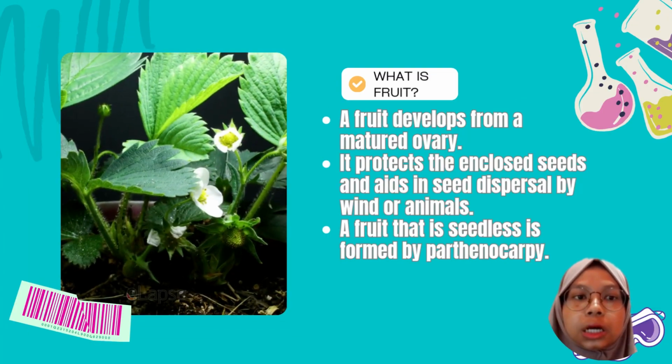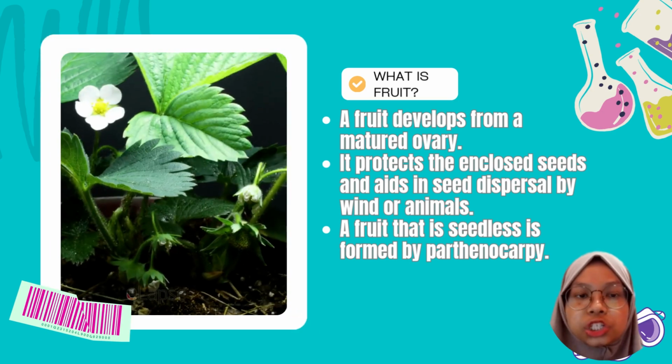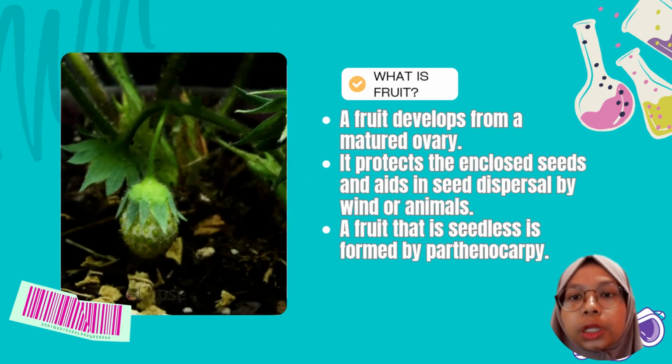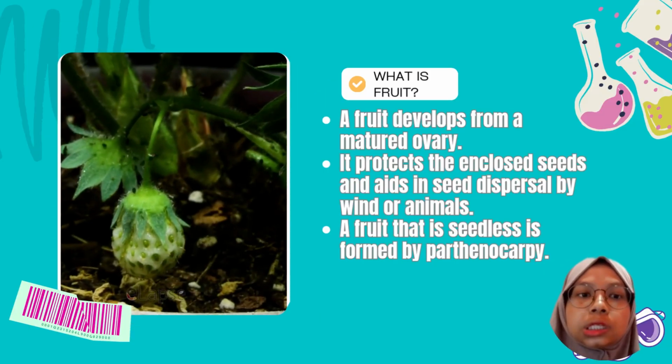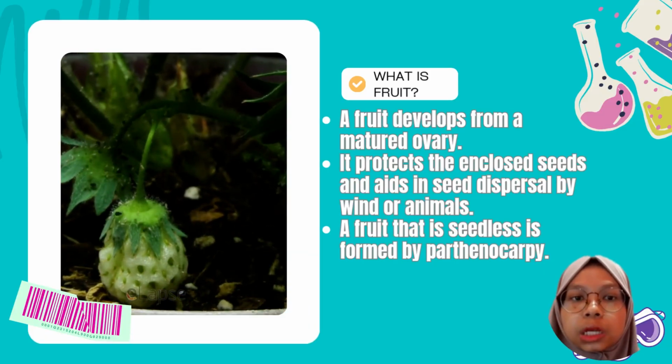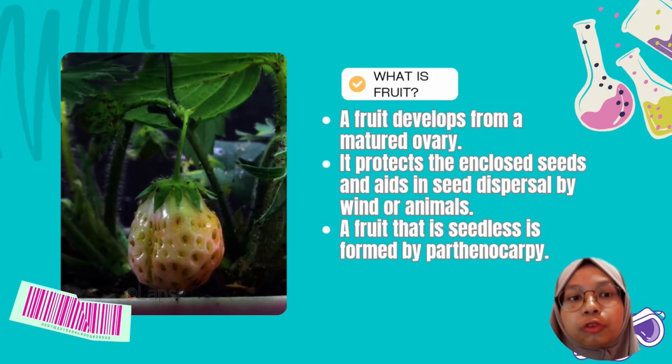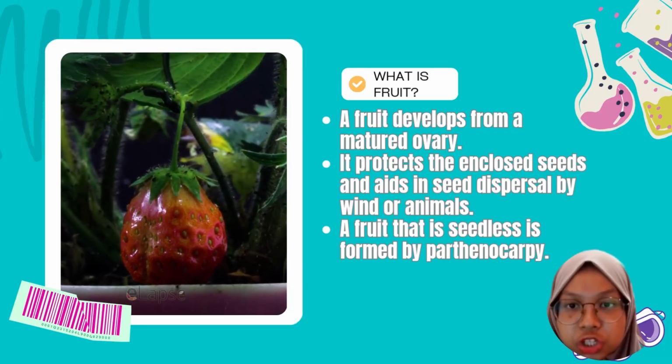Fruit helps spread seeds to new locations. This dispersal can happen through wind, animals, insects, water, or even explosive mechanisms in some plants. There are also fruits that develop without fertilization.